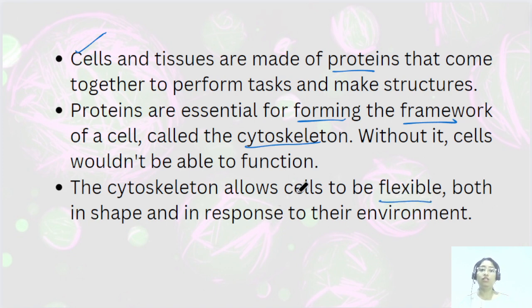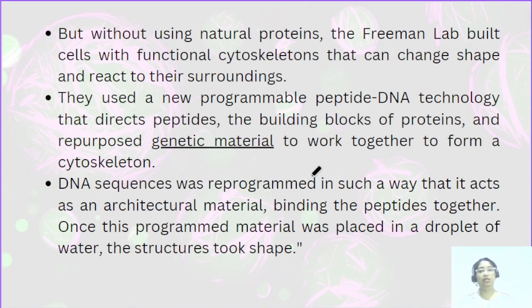So we can see that proteins are very essential for the formation of the cell and for the functioning of the cell also, because we have already discussed in that chapter that ribosomes synthesize proteins and proteins are very much important. Okay, so now what did Ronit Freeman and colleagues do basically in their research?